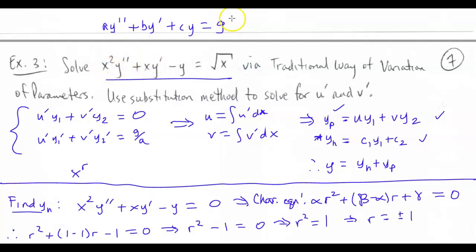And in this case, we see that our a would actually be x squared, our b would actually be x, and our c in this case would be negative 1.